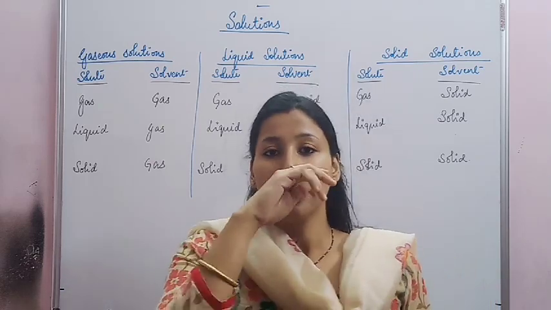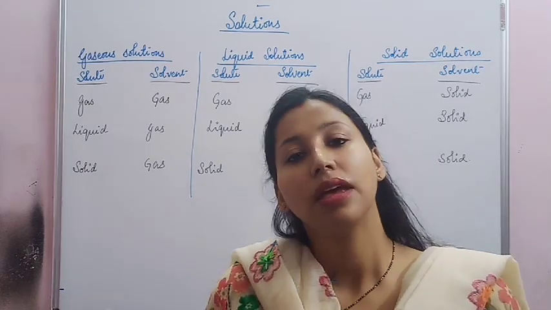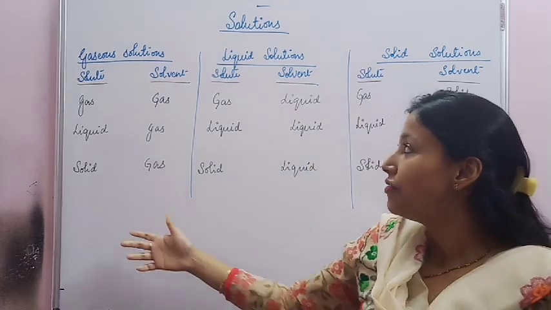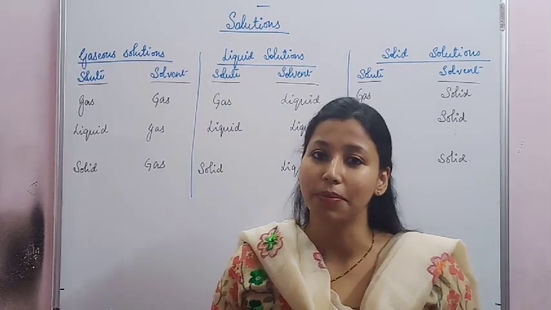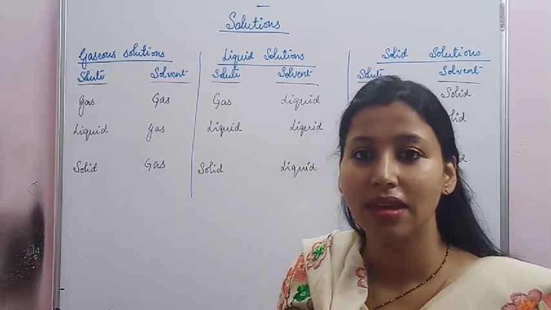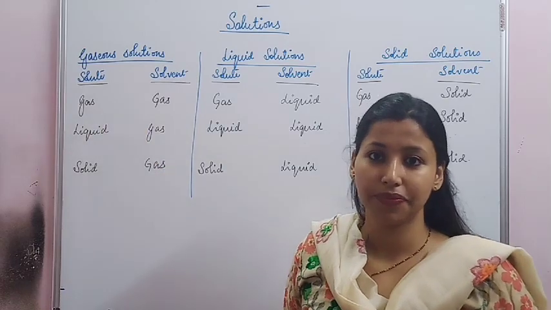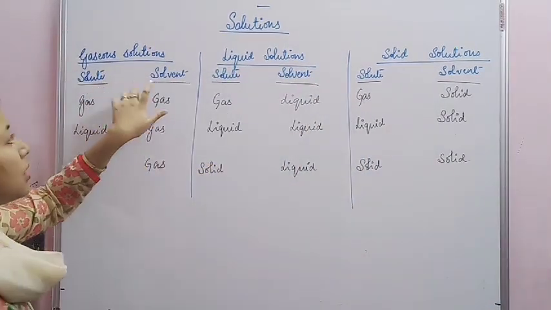Now, solutions are of different types. I've written the types on the board and I'll explain each of them in detail. The first type is gaseous solutions. I've written solute and solvent.